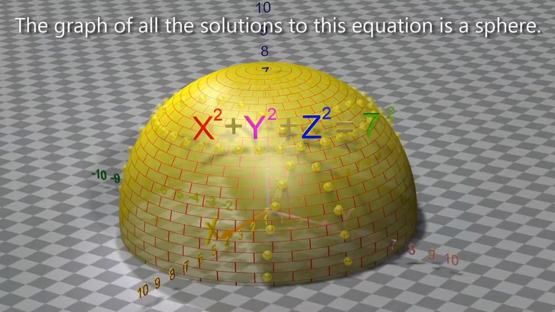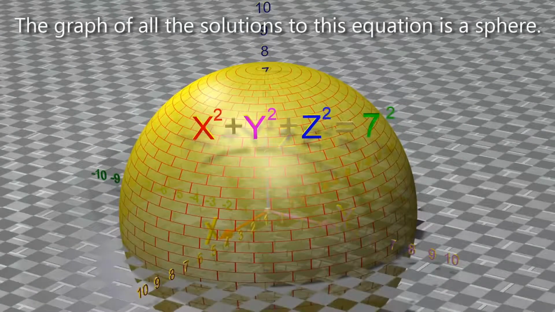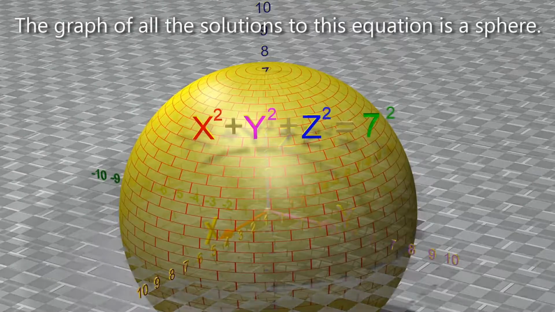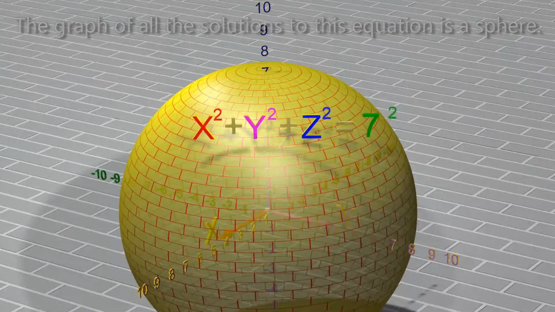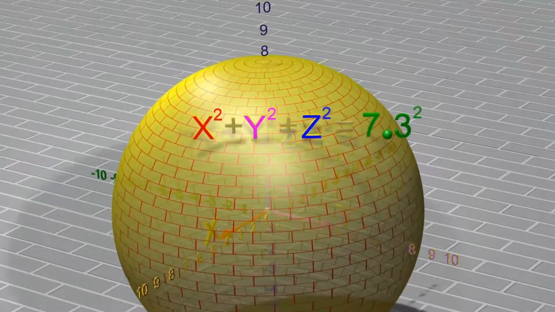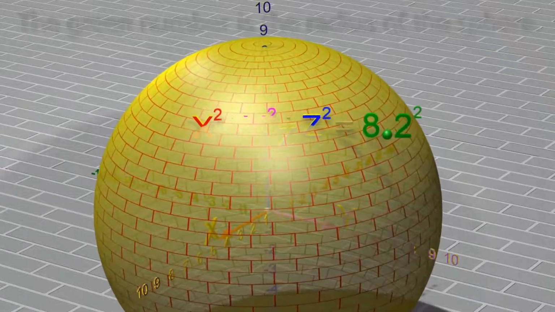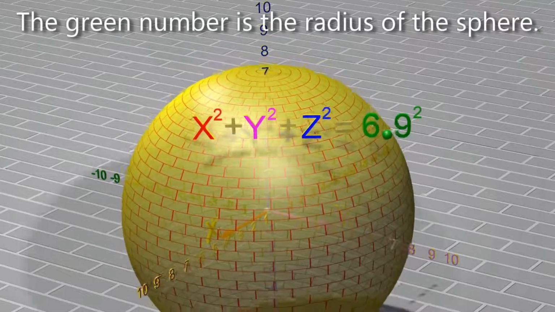The graph of all the solutions to this equation is a sphere. The green number is the radius of the sphere.